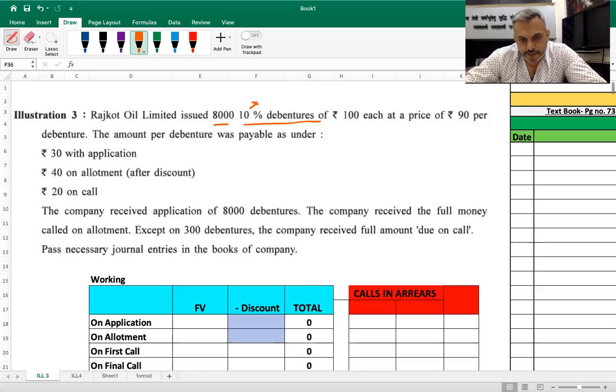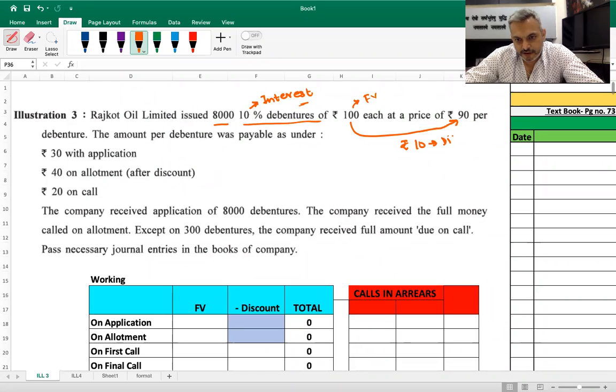Now, what is this 10%? 10% is the interest, which every year the company will pay to the buyer of this debenture, the debenture holder, of rupees 100 each at a price of rupees 90 per debenture. So face value is 100 and there is a discount of rupees 10, because 100 is the face value issued at a price of rupees 90. So rupees 10 is the discount.